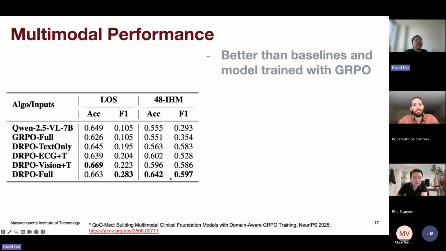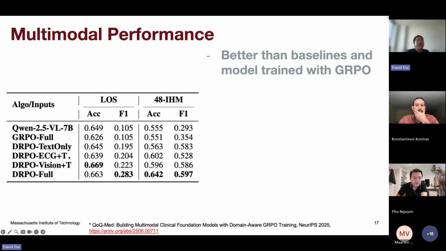The second place is vision plus text, so this is no time series, and then it's ECG plus text. The text-only modality achieves the worst performance among all the ablations of the modalities here. But you can also see that vision is actually a stronger modality than time series.